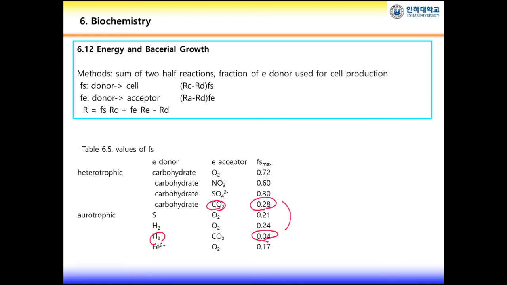The difference mainly comes from how they make the cell from the carbon source. They use the organic material as the building block, and this one they use carbon dioxide as the building block. So there's a big difference between the two. Usually autotrophs have lower FS value than heterotrophs.